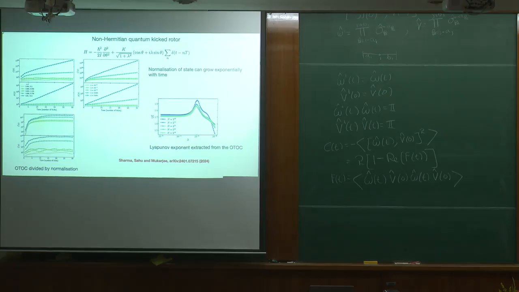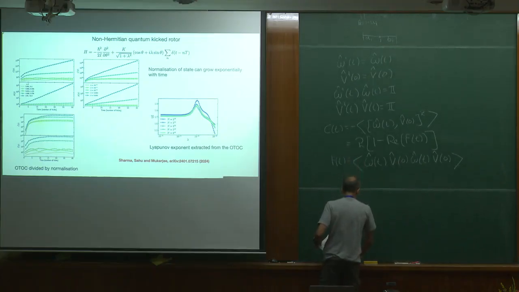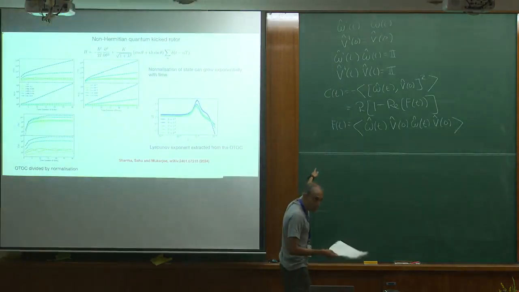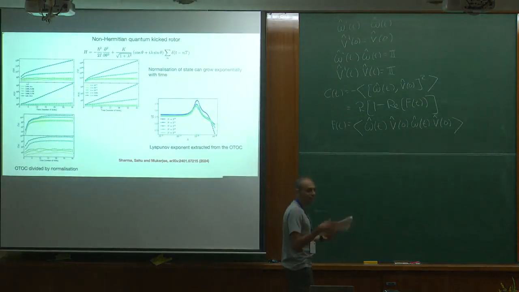But let's now look at what one would normally expect in terms of how the OTOC actually spreads. First of all, what do we mean by the spreading of the OTOC? What we mean is what I had told you earlier: you start out with a W and a V which commute at time t equal to 0, and then as time progresses, the commutator becomes non-zero.